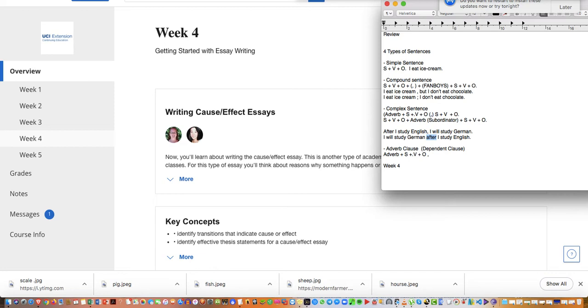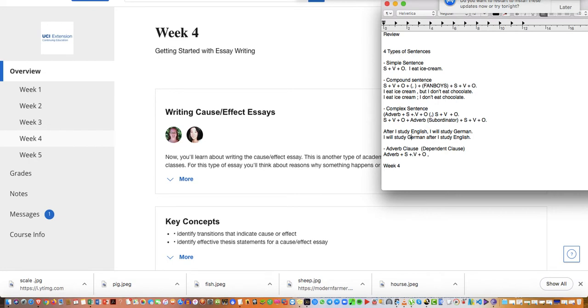I hope you understand. If you put the subordinative conjunction at the front, we put a comma, but if we put it at the back, we don't have to add a comma.